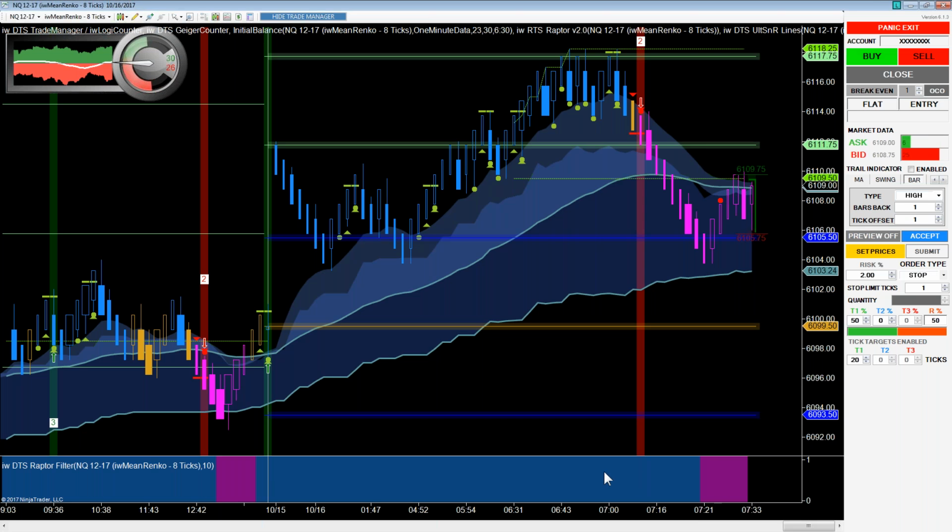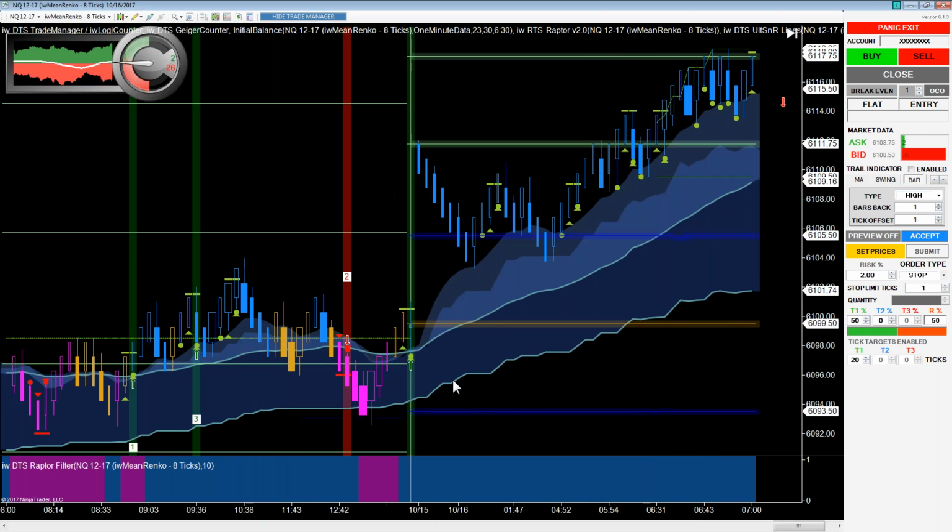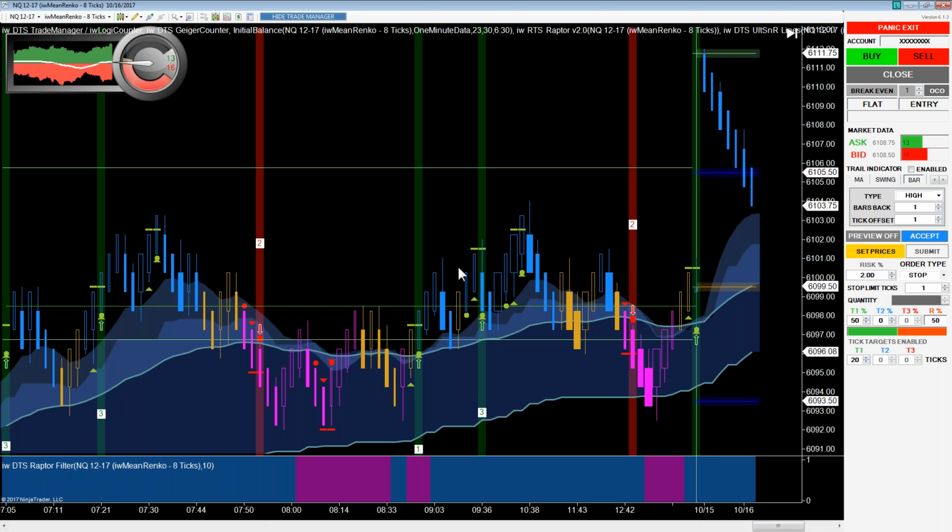I don't let the Raptor filter deter me from taking a short position because I know the number 2 signal is a counter trend signal. I don't expect the filter to be in sync with the trend. When you're looking at your with trend signals, it's desirable to have it in sync.